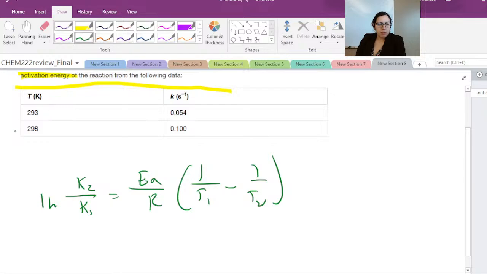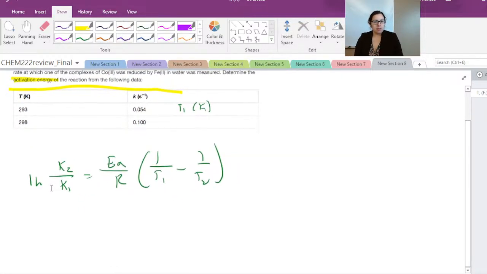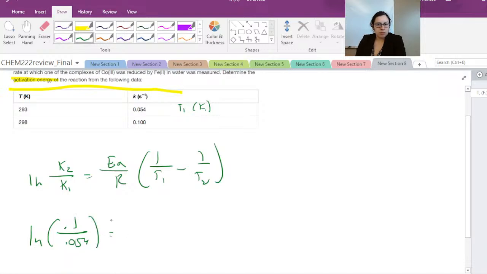And so we're already given temperature in Kelvin. We're given a rate. I'm going to call this my T1 and K1. So then we just need to solve. So if y'all, let's check my math on this one. So R is still 8.314.